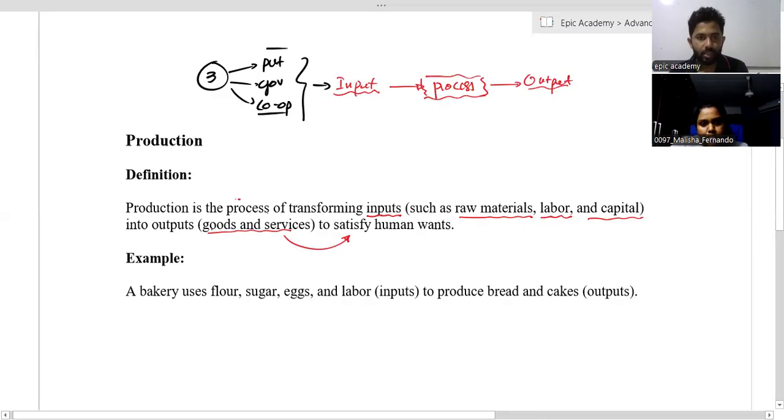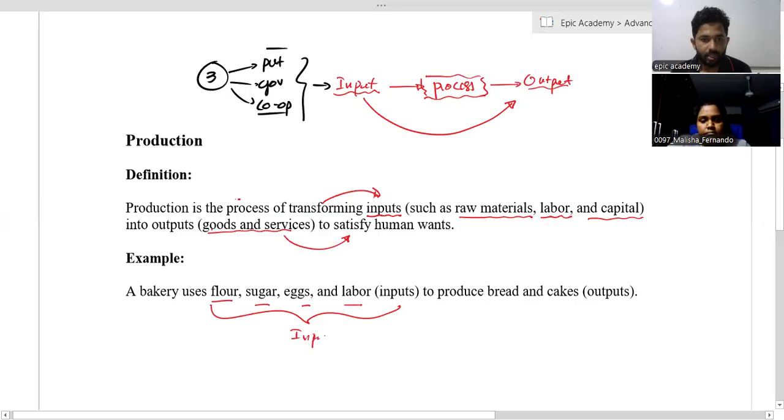Yes, production is a process transforming input into output. This is the input and this is the output. As an example, consider a bakery producer: flour, sugar, eggs, and labor are the inputs.